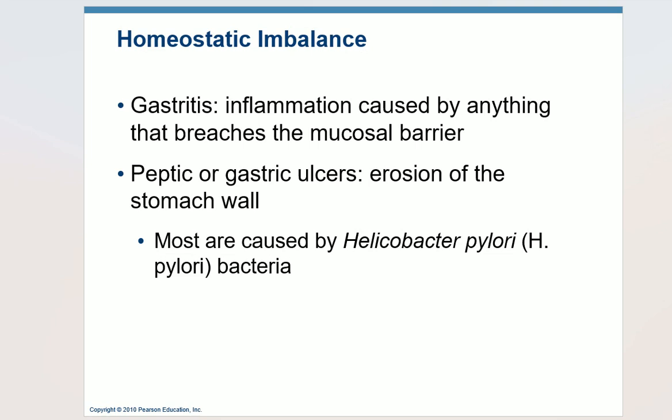Remember, gastro is anything that refers to the stomach. Itis, inflammation, so gastritis, stomach inflammation. When the actual stomach lining is breached and acid can get through, it's going to irritate the inside structure of the stomach. So that's what actually causes gastritis. This can be very painful and very uncomfortable.